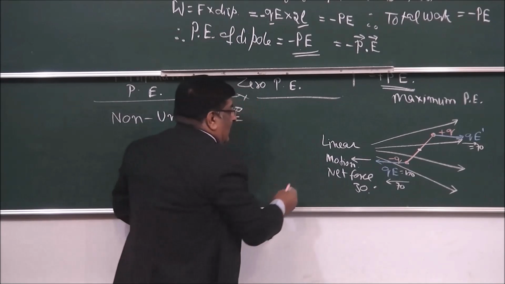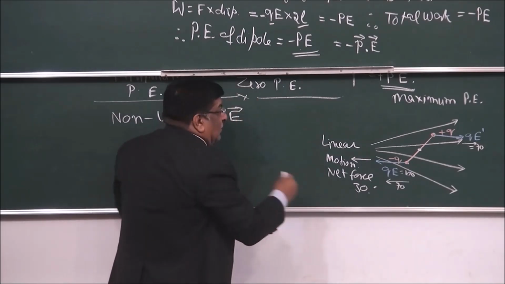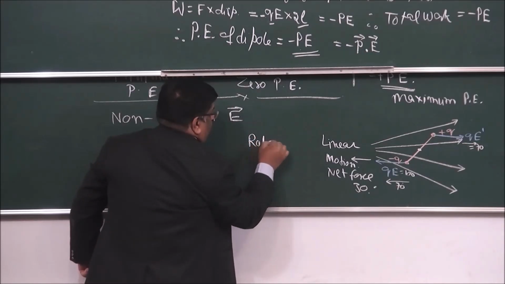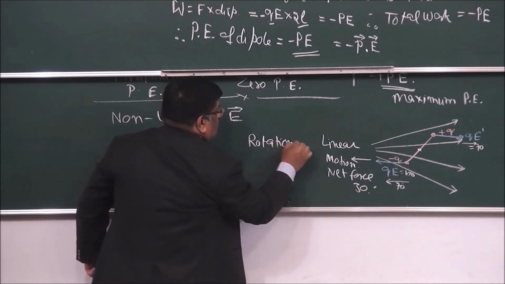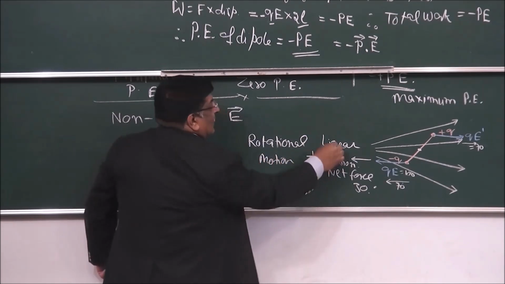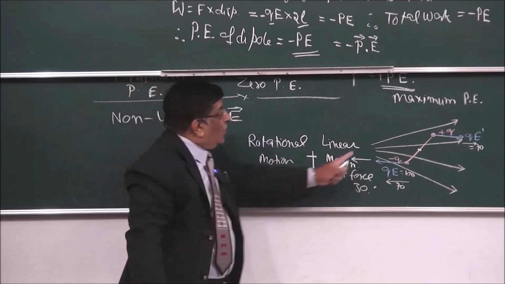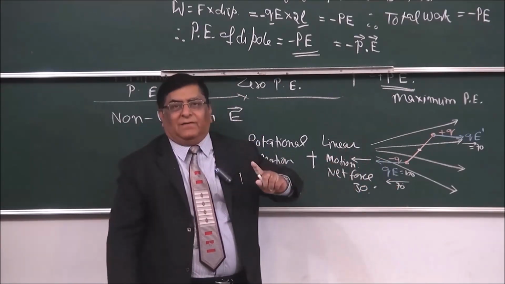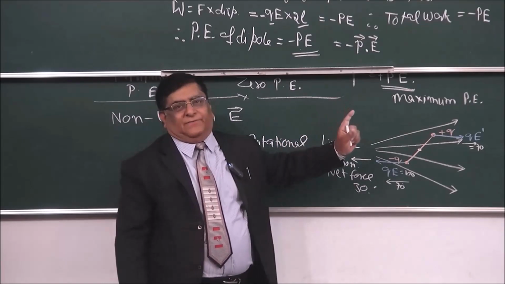So there will be rotational motion due to 70-70, plus there will be linear motion because of the extra one. So this is what will happen in a non-uniform electric field.